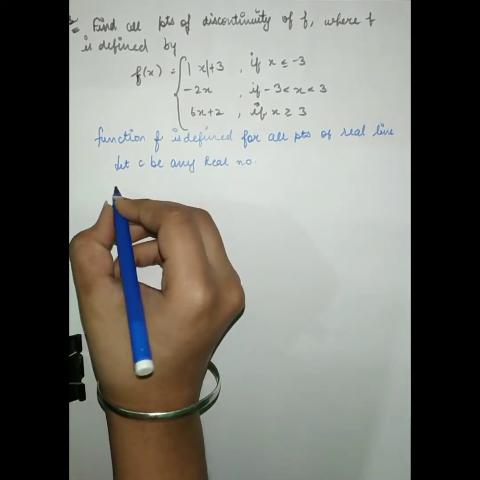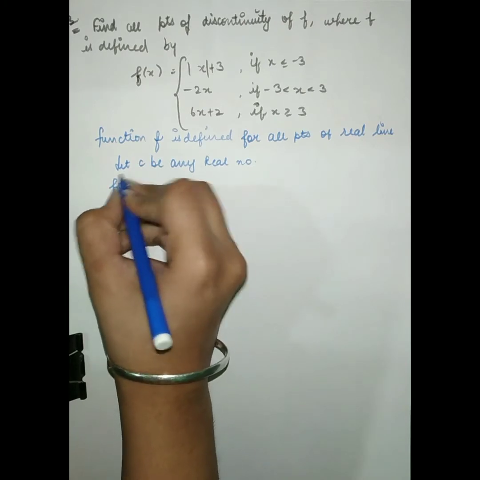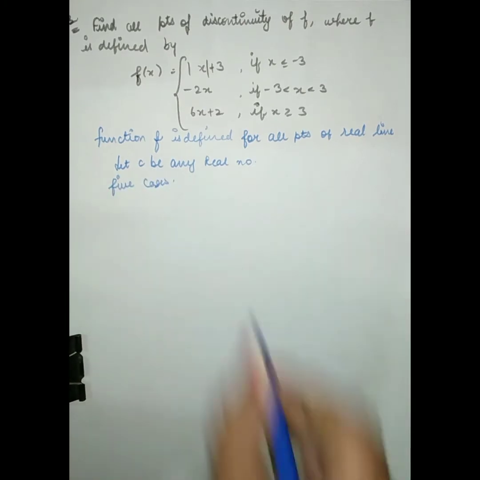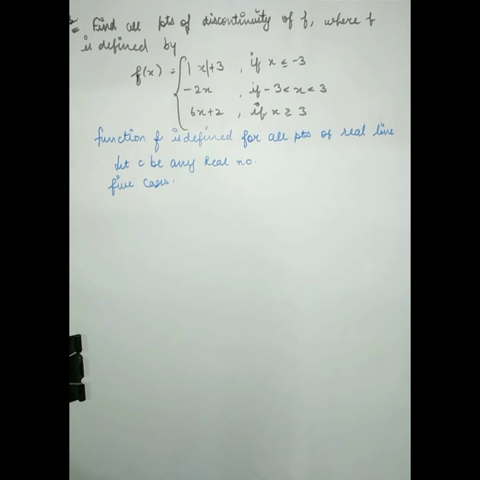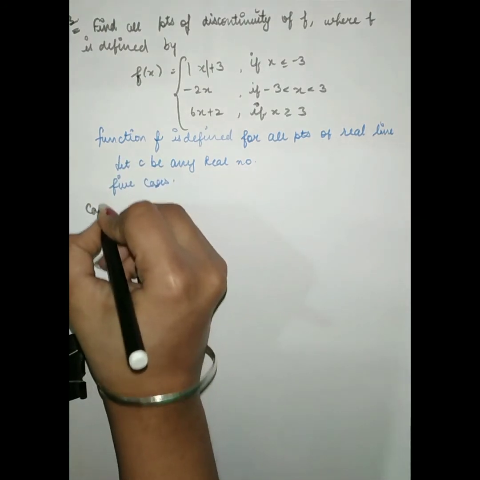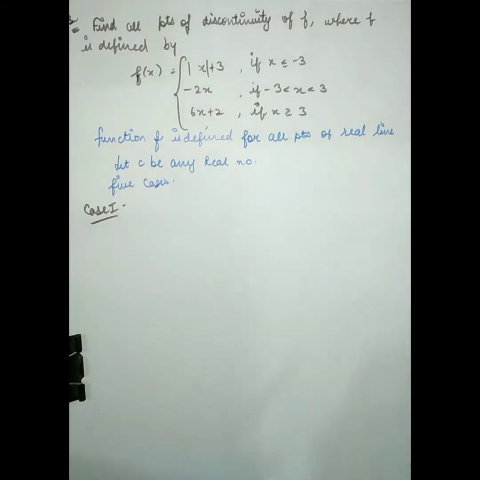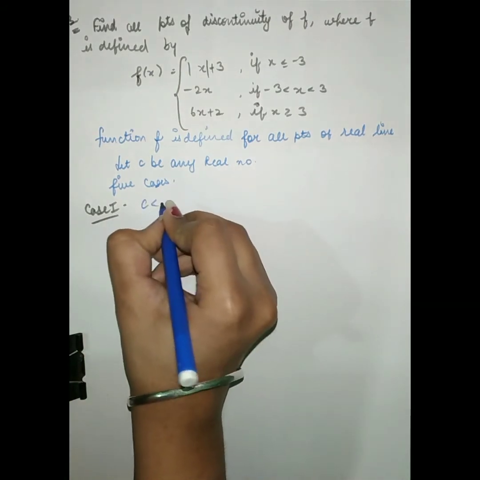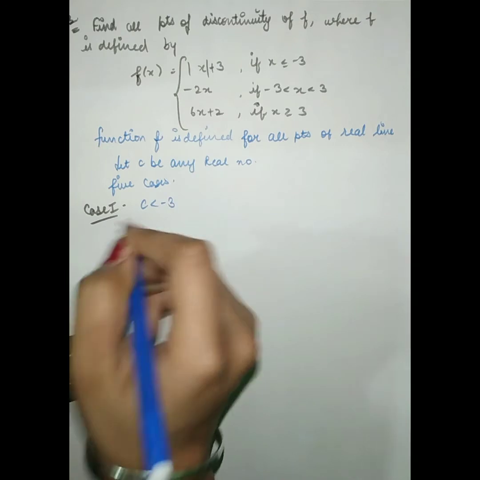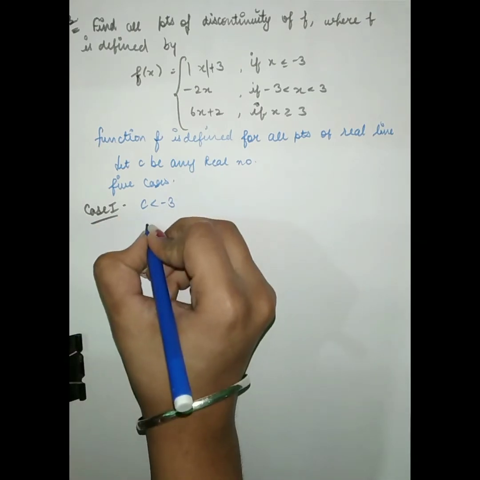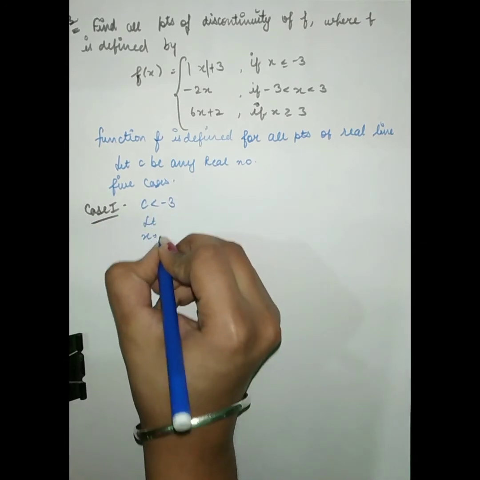So now we have 5 cases to solve this question. First case is when c is less than minus 3. For this we have to take the limit as x approaches c of f(x).